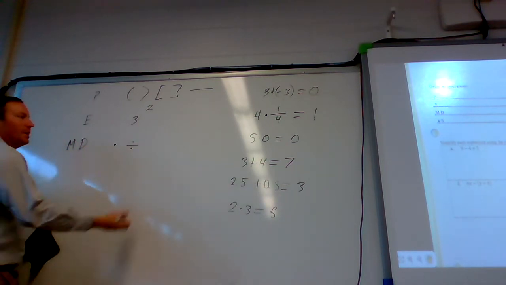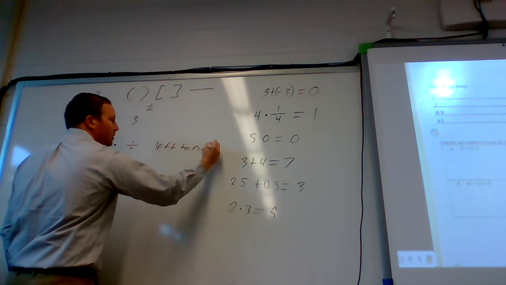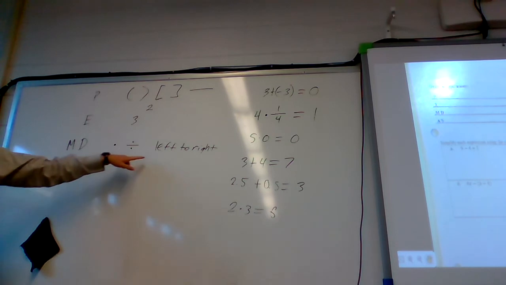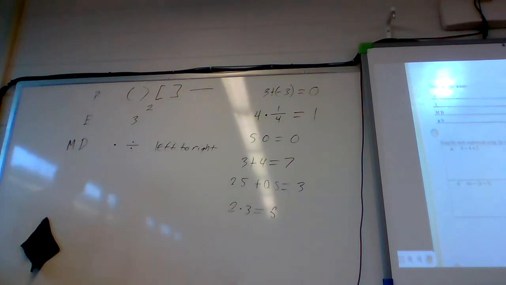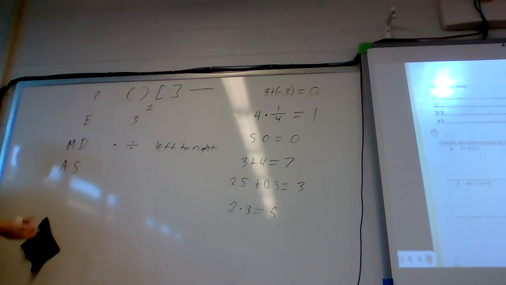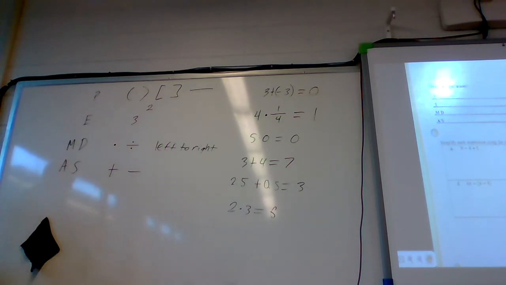Generally, we want to go from left to right. But you don't necessarily have to do that. You can also multiply and divide what things are going to cancel out to make things easier. But generally speaking, most people work from left to right. And then A and S are last operations. Addition and subtraction. Right? So those are our letters of PEMDAS and what they mean.